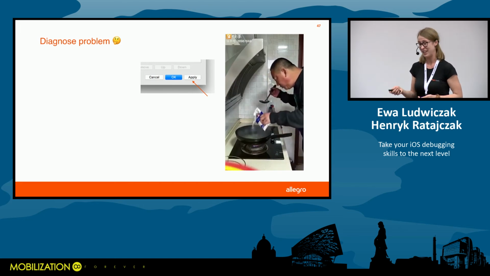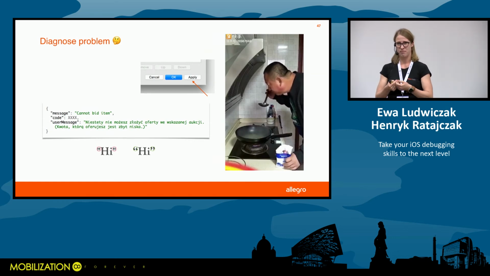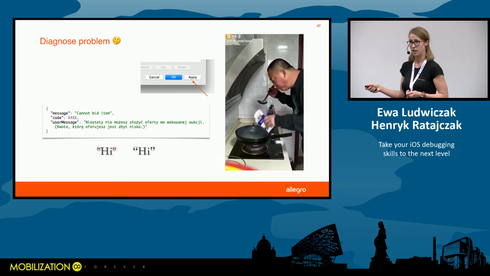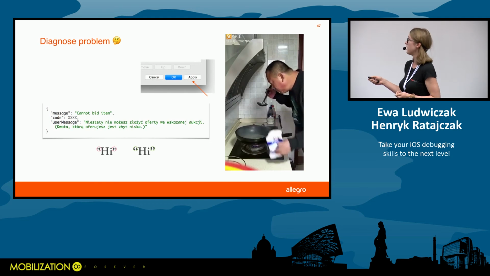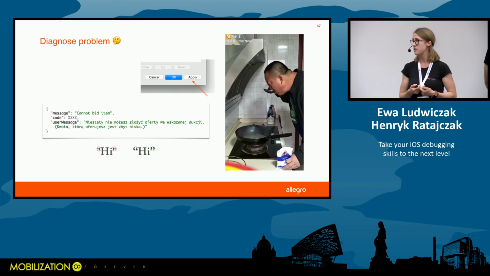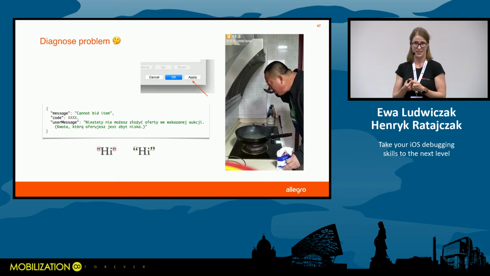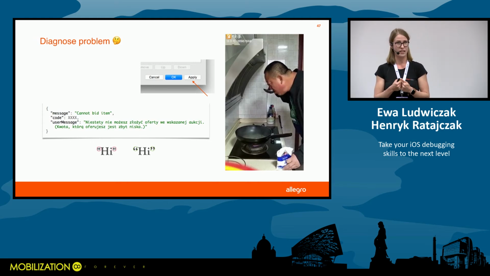So remember about apply. Moreover, if you are expecting some messages, some errors, it's really important to know the exact structure. For example, in this case, it needs to have message code and user message. Moreover, you need to take care of formatting. For example, while preparing for this presentation, I was using double quotes instead of double primes, and I was getting a parsing error, not the error I was expecting.